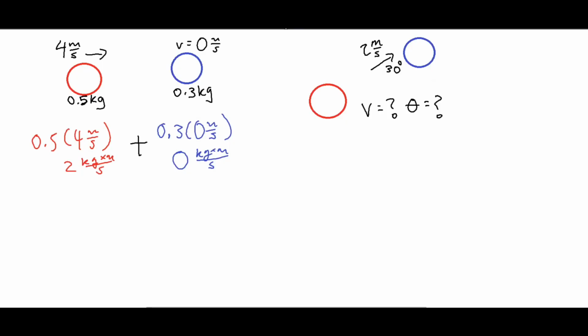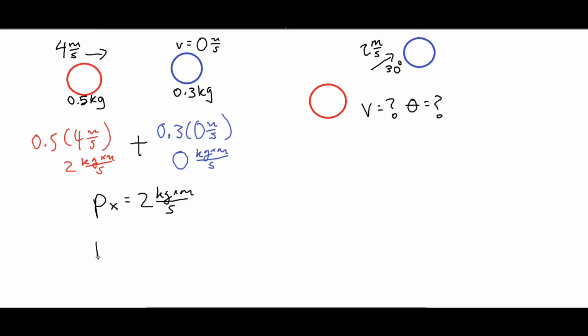All right, now here's the thing. When you have a two-dimensional collision, you're going to analyze the momentum being conserved along the x-axis and the y-axis. This is all horizontal motion, so the sum of the momentum in the x direction is 2 kilogram meters per second.